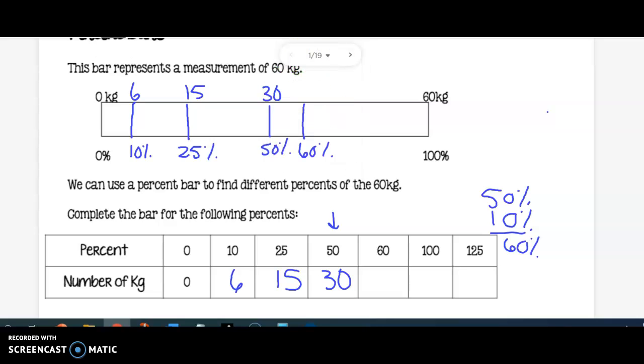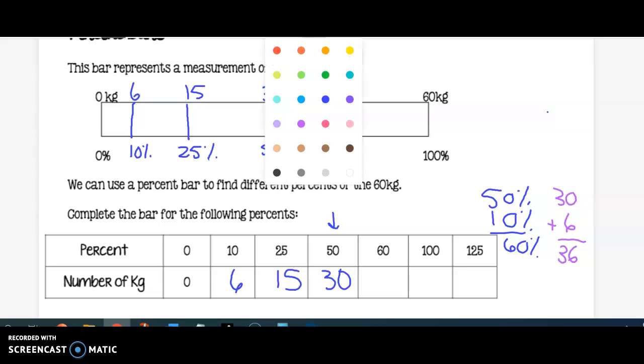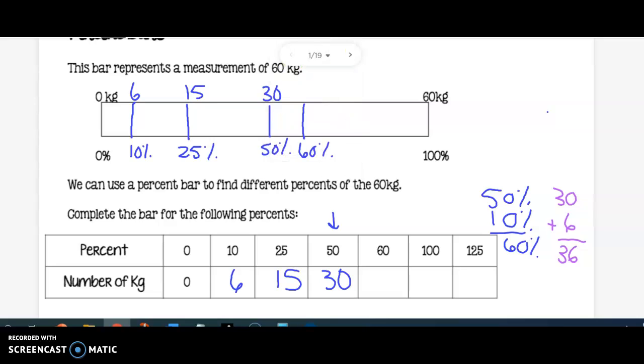For my 50%, my number is 30 kilograms. For my 10%, my number is 6 kilograms. I am going to add them up, and I get 36. Okay, so 60%, here switch back to blue, is going to be 36.